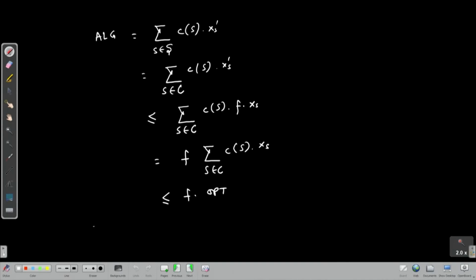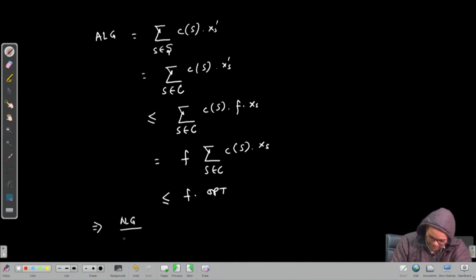So hence we have ALG by OPT is less than or equal to f.